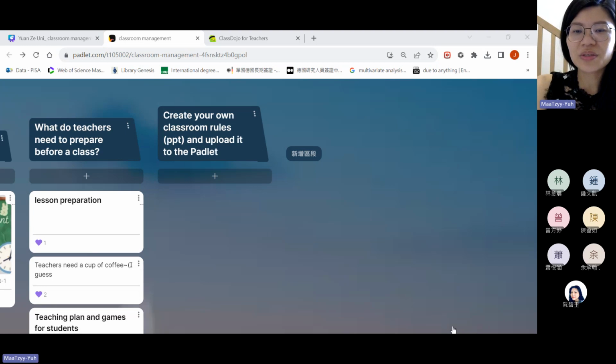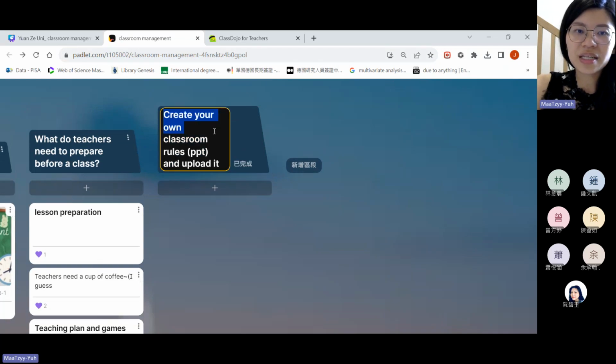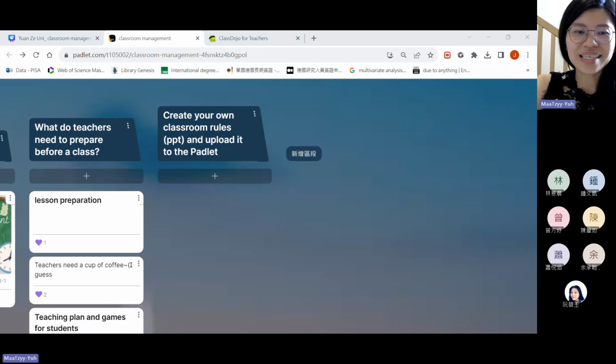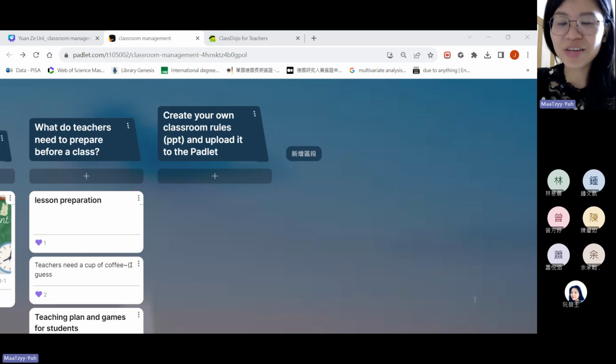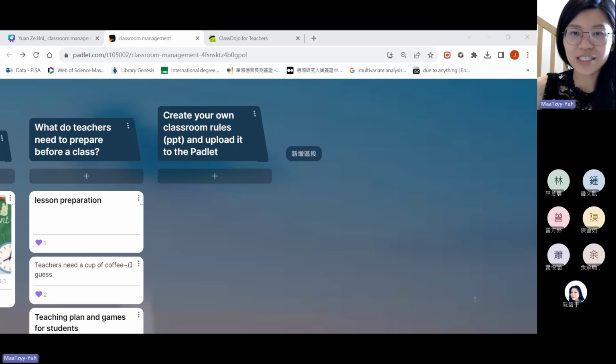So this is what we're going to do. I'm going to type it here. Create your own classroom rules and upload it here. If you have any questions, please feel free to just speak up or type in the chat box. You can do some research if you want.